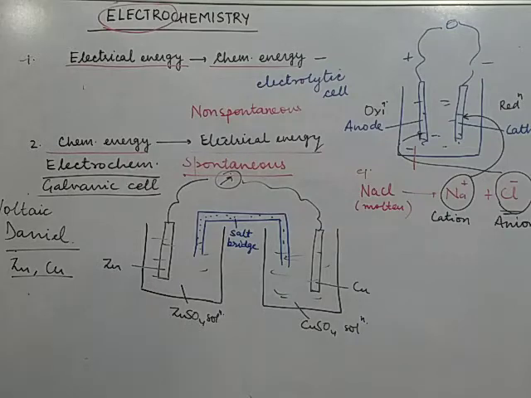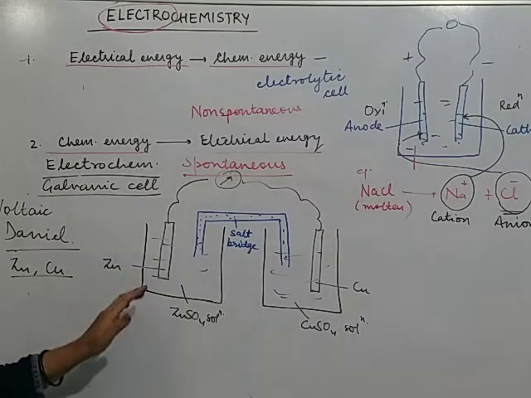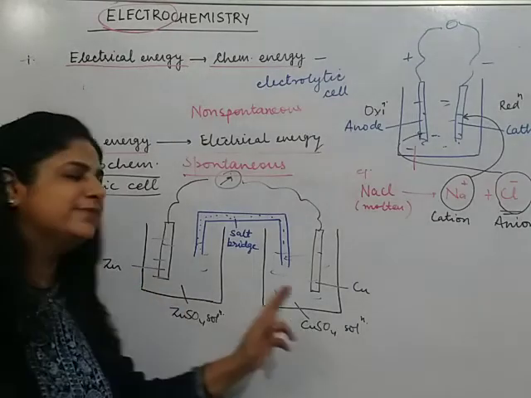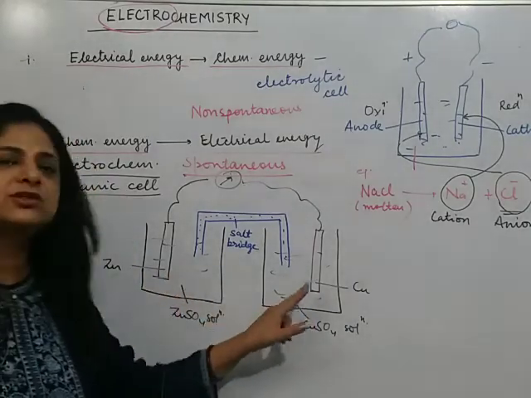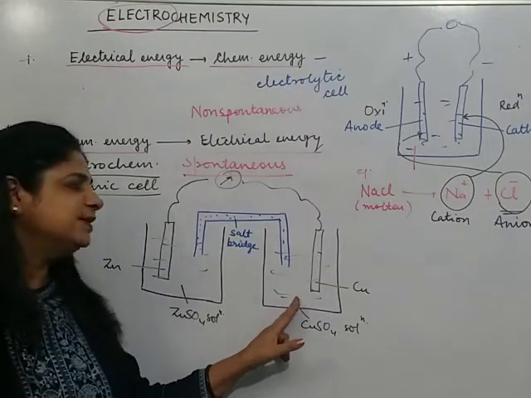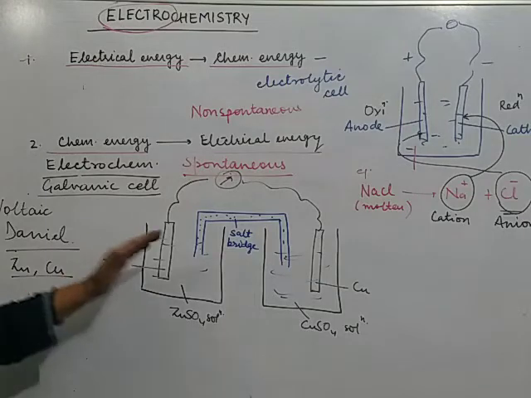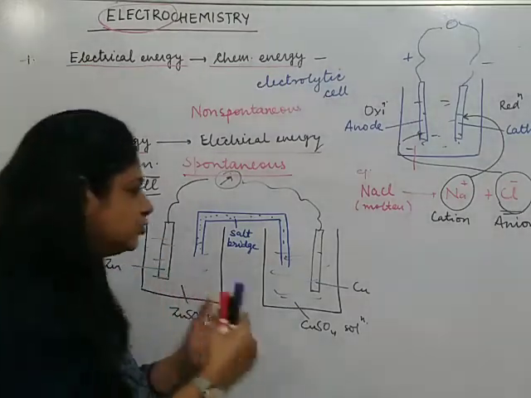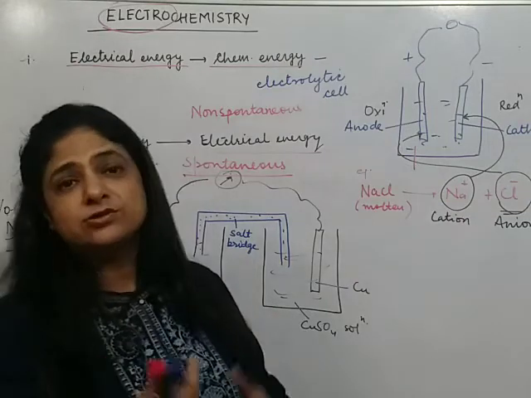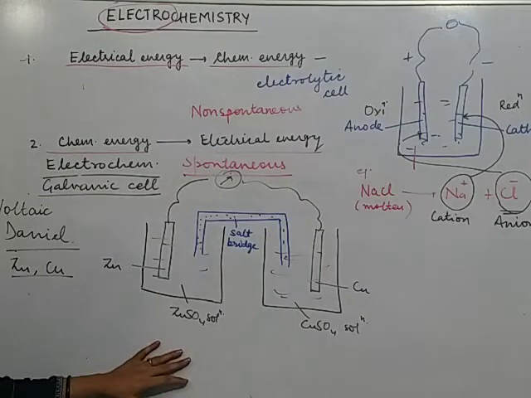So in electrochemical cells, we generally require two metallic rods and their corresponding salt solutions in which they have been dipped. Now, which of them should be taken on the left side and which of them needs to be taken on the right side is also very important in electrochemical cells.